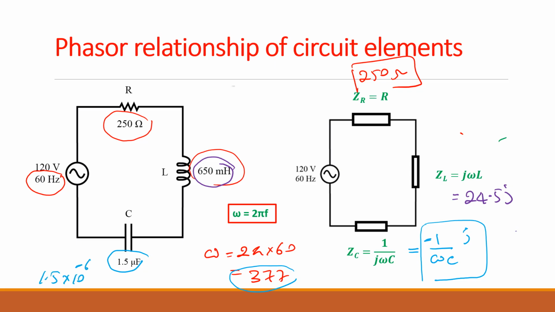You just put the numbers here. What do you get for 1 over omega C? 1 over 377 times 1.5, with the 10 to the 6 taken to the top. This is negative. So when you put this in the calculator, this times j will be the impedance of the capacitor.